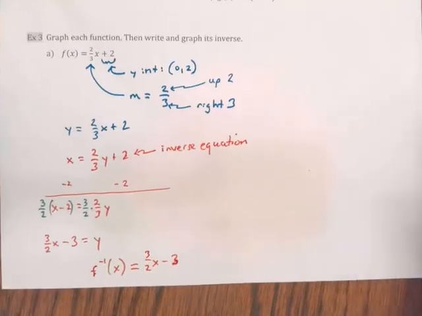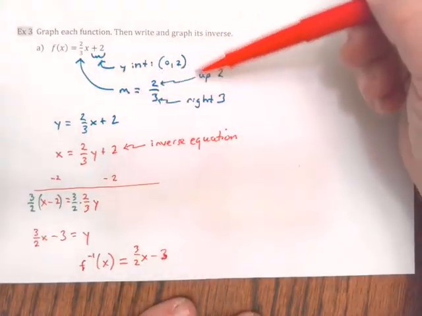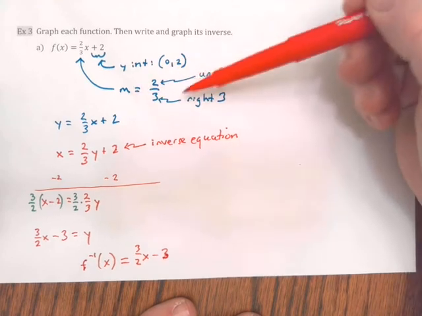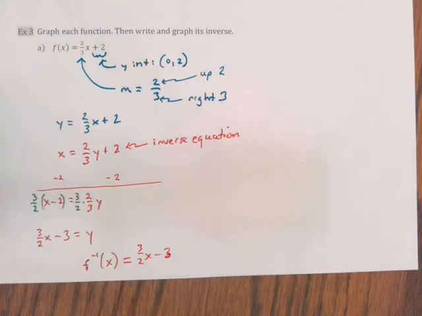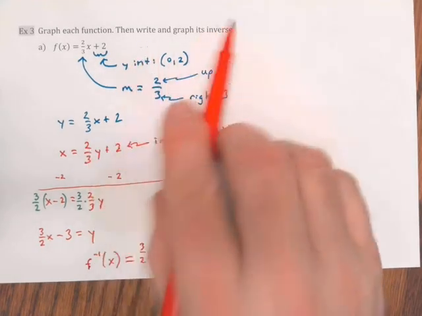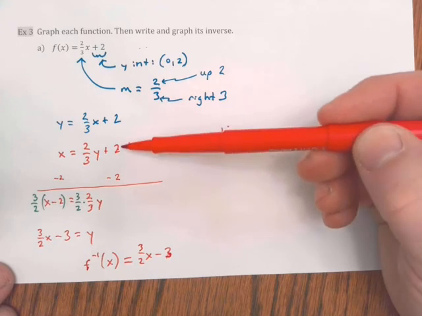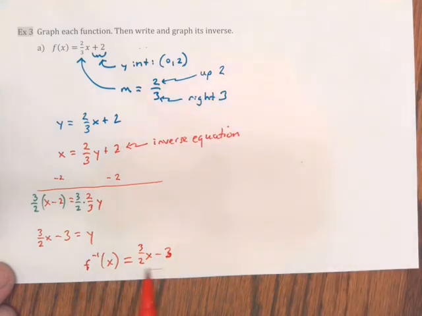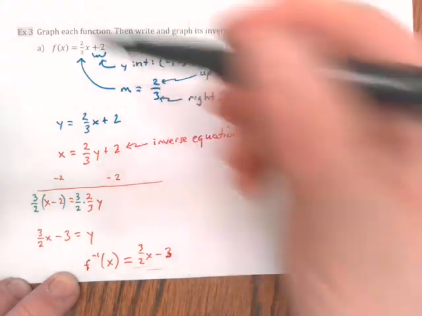All right, so the original directions here were to graph each function. I took the original and, using slope-intercept form, I graphed the original function f. Then we wanted to write and graph the inverse. To write the inverse, I took the original equation, switched the x's and y's around, and came up with this equation here. This equation at the bottom of the page is also in slope-intercept form, just like the original was up here.